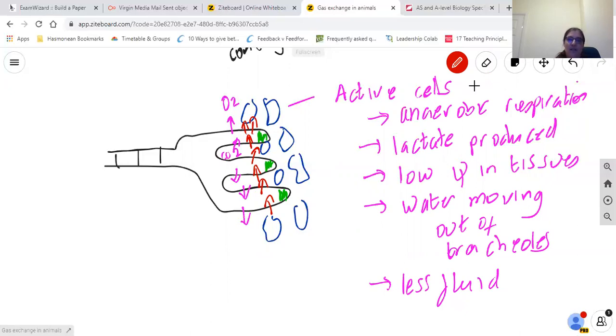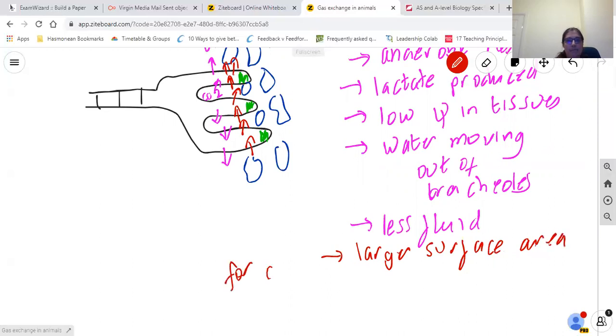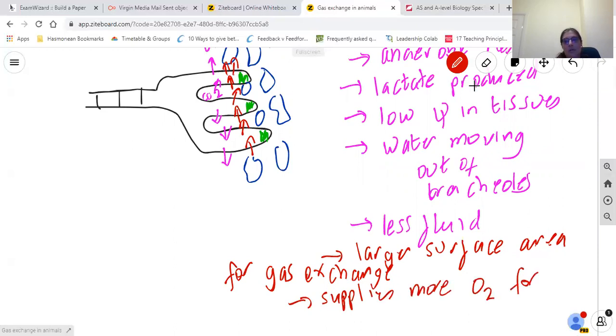So less fluid means that we now have a larger surface for gas exchange, which supplies more oxygen for aerobic respiration. So they can switch from anaerobic to aerobic.